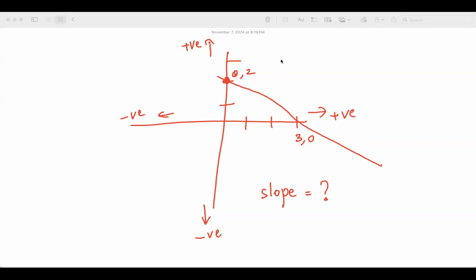I want you to find the slope of the line. Slope of the line is rise by run. Rise by run. Oh, nice, Sanvi. Good to know. Do I have to put it in a decimal or a fraction? No, fraction form is enough.